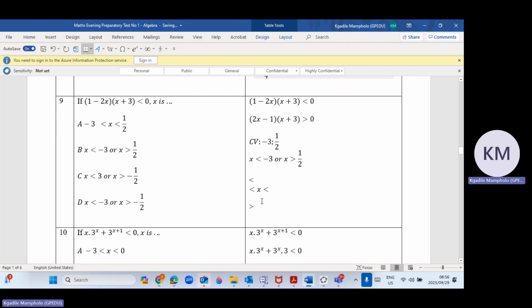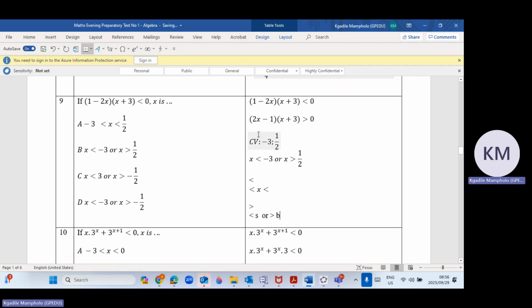Then if the inequality sign is greater than, you must know that x is less than the small number or greater than the big number, provided the coefficients of x are positive. So you say "or" if it's greater than, and you say "and" if it's less than, but provided the coefficient of x is positive in the brackets.